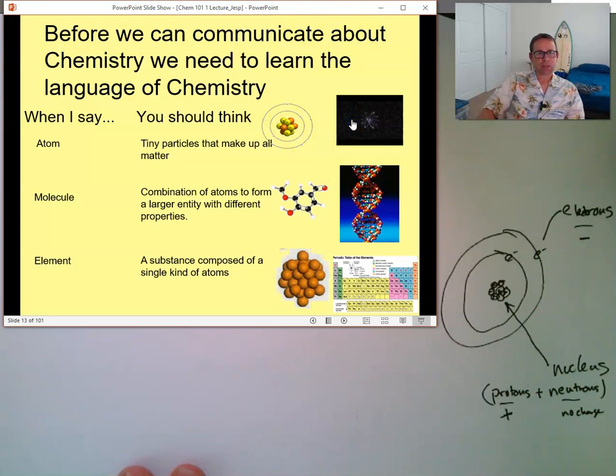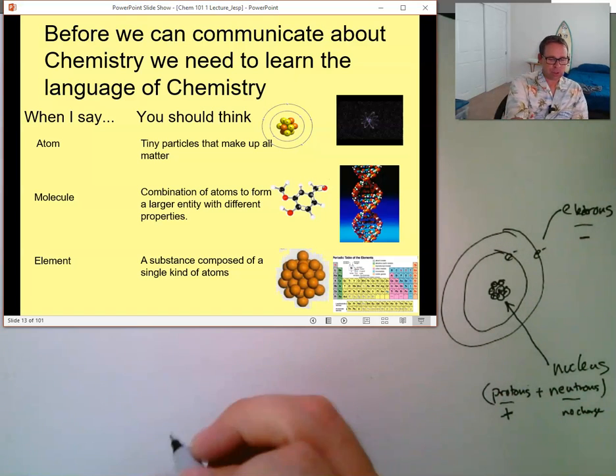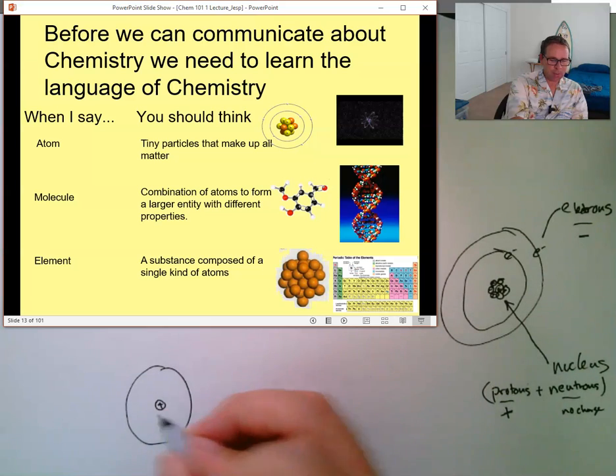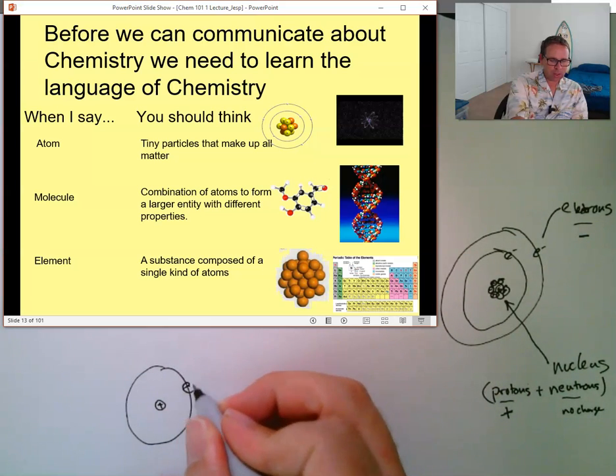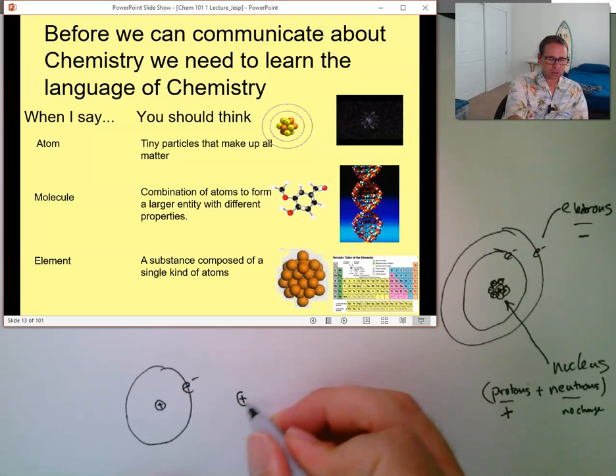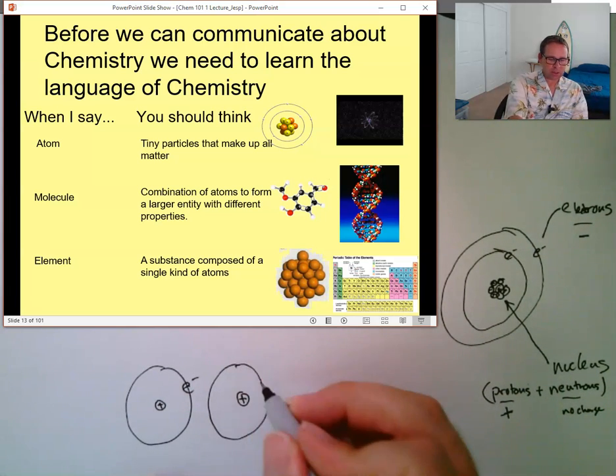All right? Here's another, well, it doesn't look like that video is working either, but that's okay. So this is our model of an atom. Now, when you bring atoms together, so this, let's say, is an atom. It's a small atom. It has one proton and one electron. But then I'm going to bring it close to another one just like it.